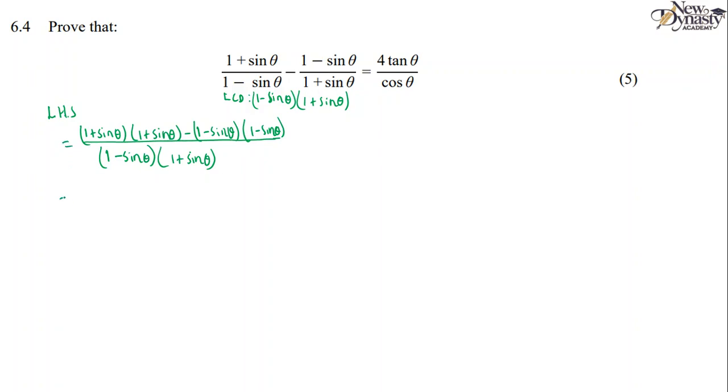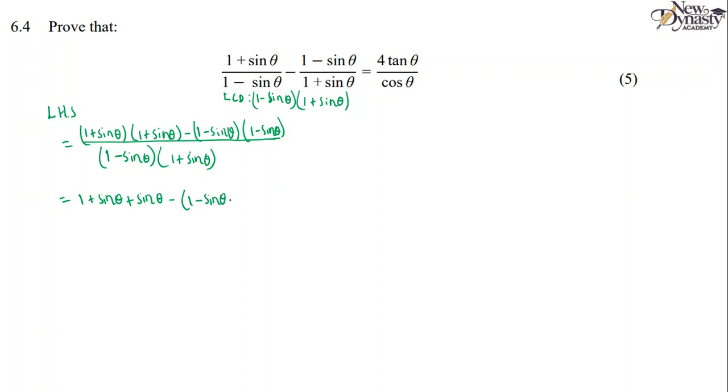Then we continue by multiplying everything together. So in the first one, we use the FOIL method. The first one's 1 times 1, that is 1. 1 times sine theta, that is sine theta. Sine theta times 1, that is also sine theta. Then the minus sign, we can just leave the minus sign out for now. 1 times 1 is 1. 1 times negative sine, that is negative sine theta.